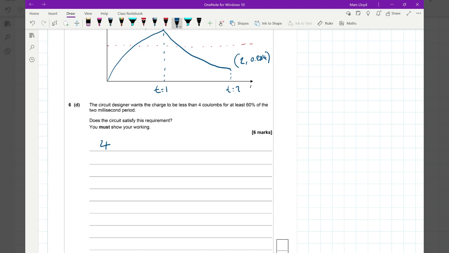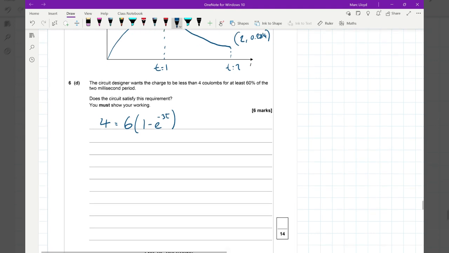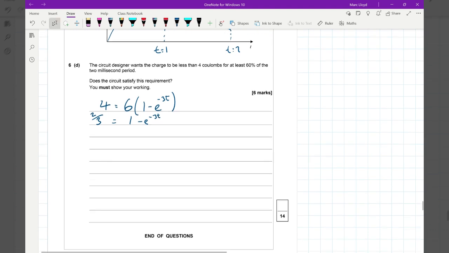So 4 is equal to 6 times 1 minus e to the minus 3t. That's the time we need to find. 4 divided by 6 simplifies to 2 over 3. Rather than expand out the bracket, I've just divided by 6. I'm then going to add the e bit, so that becomes positive e to the minus 3t, and take away the 2/3 to give me 1/3.